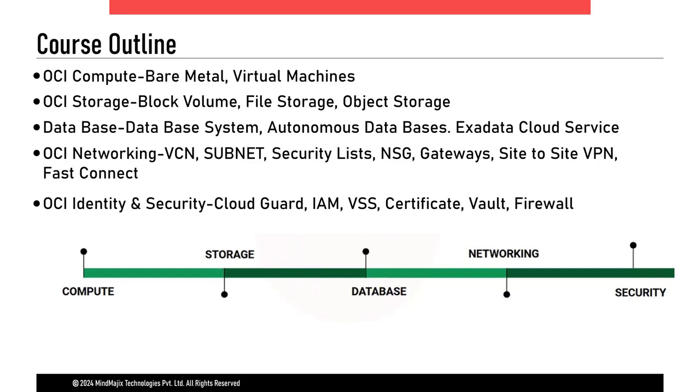ExaCS, you might have heard about it. ExaCS is the cloud flavor of the Exadata on-prem systems, and nowadays it is heavily used in all the projects. People are using ExaCS directly. They can spin up ExaCS within 4 to 5 hours.